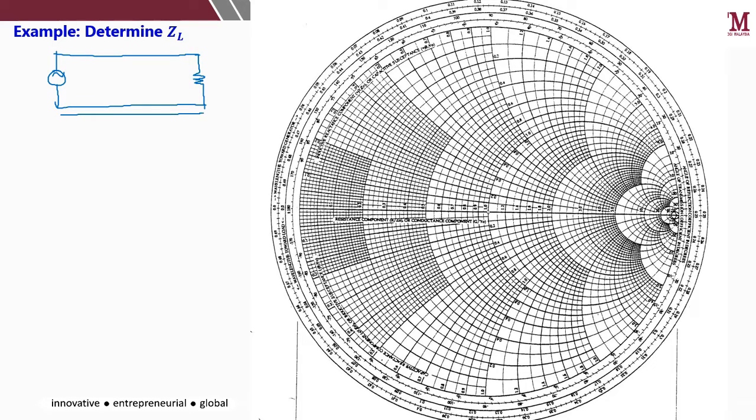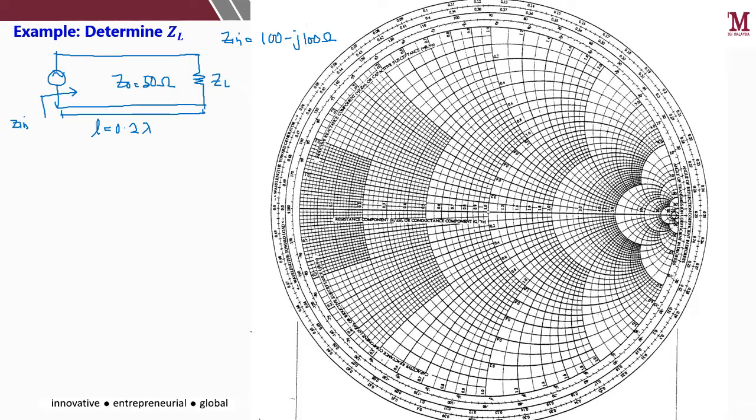So given the length is 0.2 lambda, and ZL you are yet to know, Z0 given as 50 ohm, and then Zin in this case is known. So given Zin equal to 100 minus J 100 ohm.